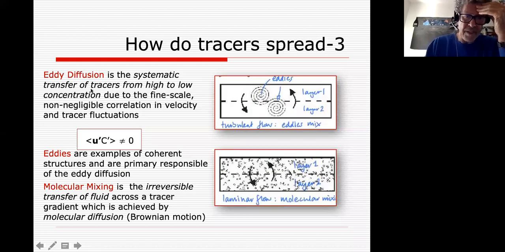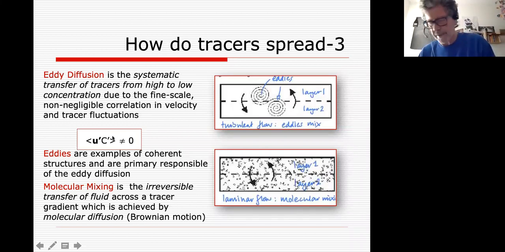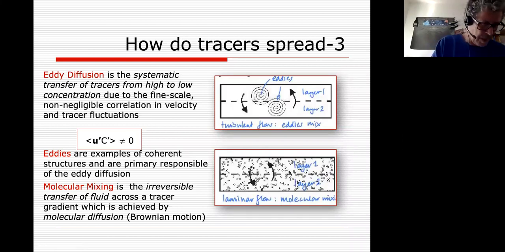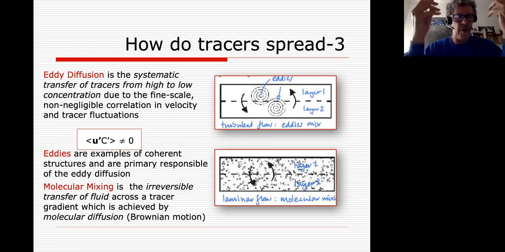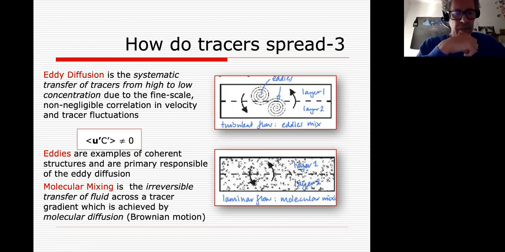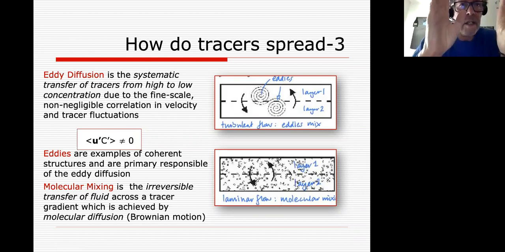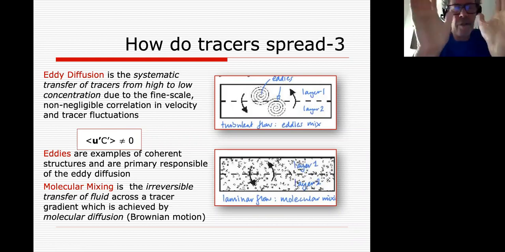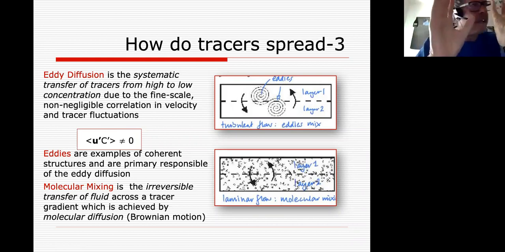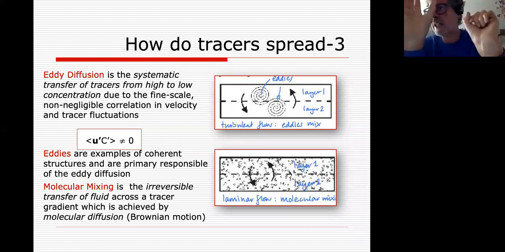Which is the systematic transfer of tracer from high to low concentration due to the fine scale non-negligible correlation between velocity and tracer fluctuation. You remember, you have the Reynolds average equation. You have the mean component and the fluctuation component, which is the velocity can be split in a mean velocity and a fluctuation.